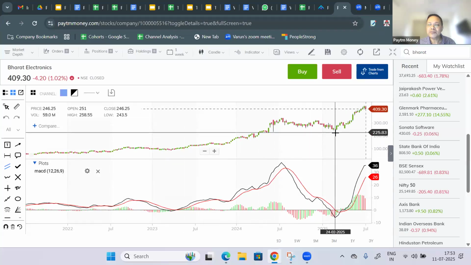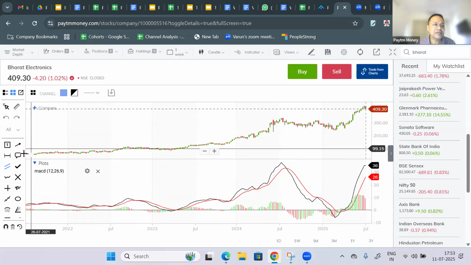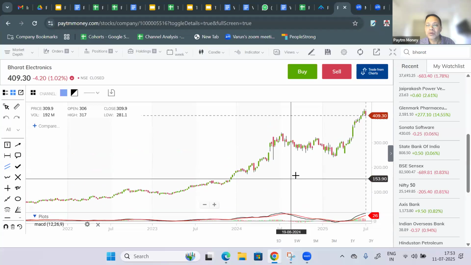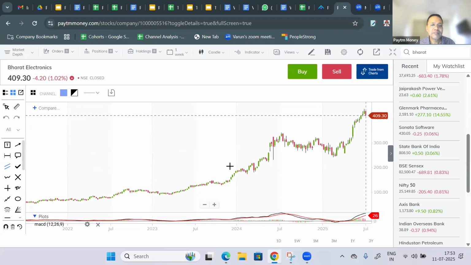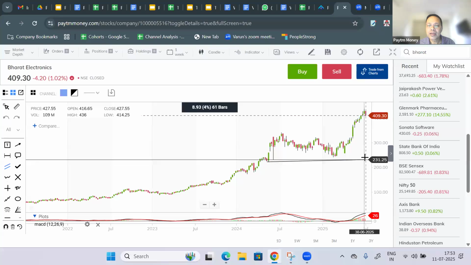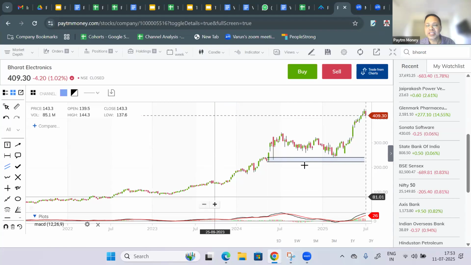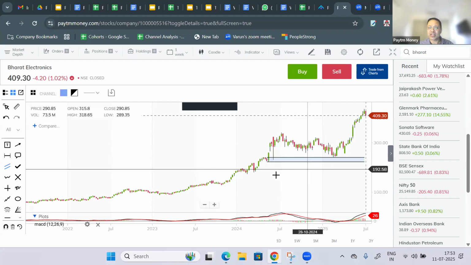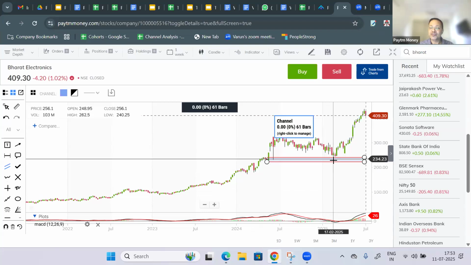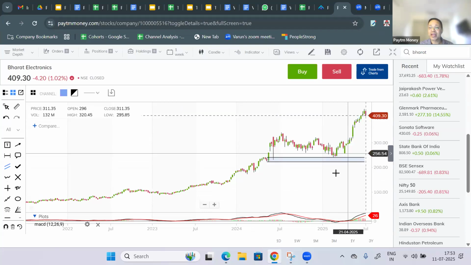And again, as I tell you, here you will see in a monthly chart, can you see that? This is where it came very close to your weekly demand zone, and from there it has bounced back.